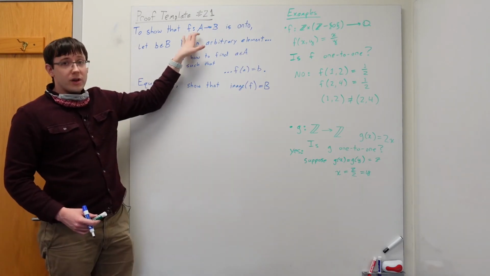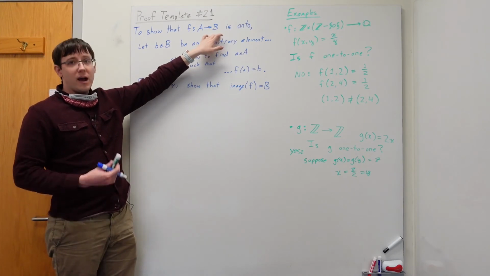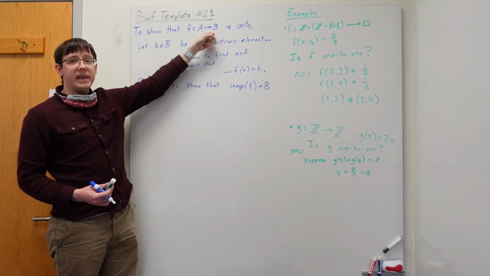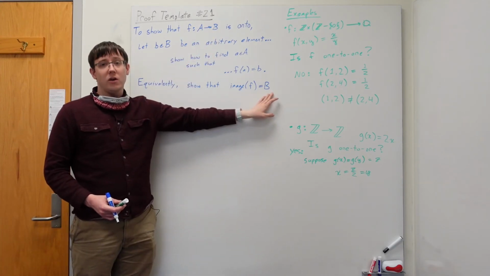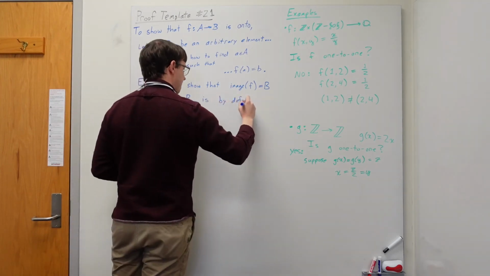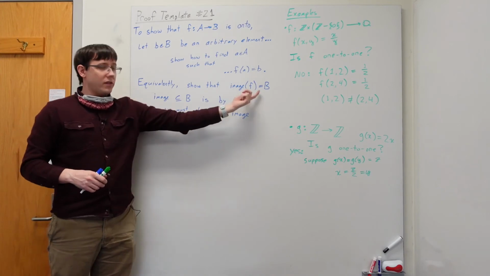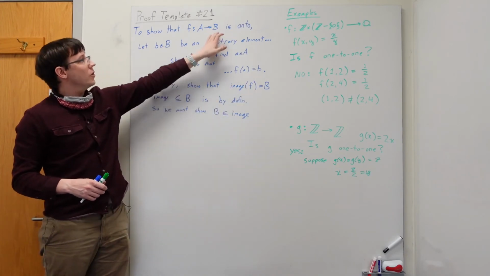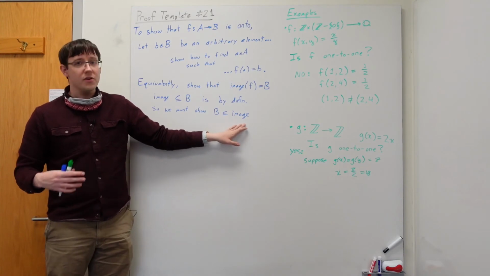Since we are starting with a function that maps a to b, we know that the outputs of the function must be elements of b, and so one direction of this set equality is trivial. So showing that these sets are equal amounts to showing that b is a subset of the image of f.